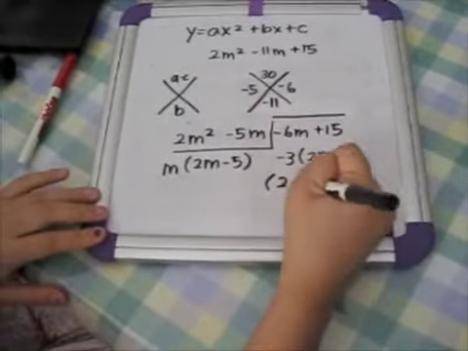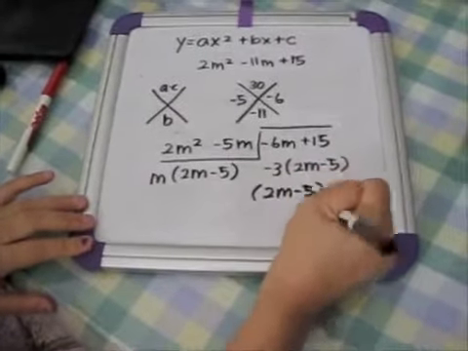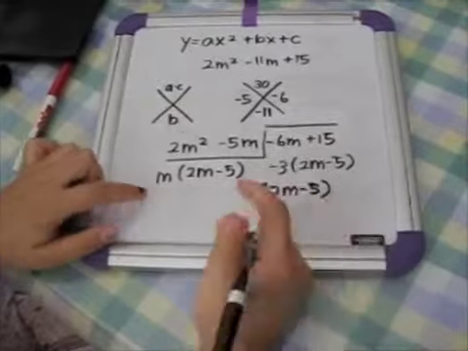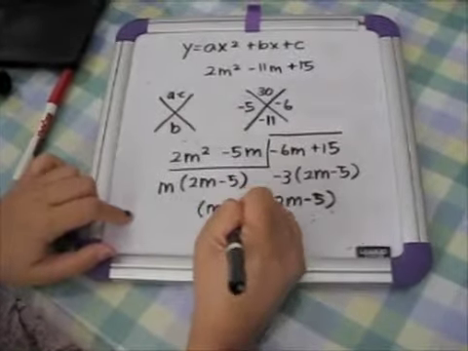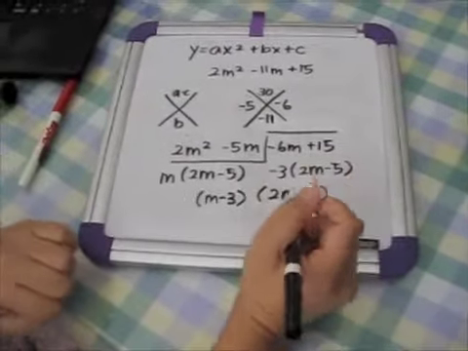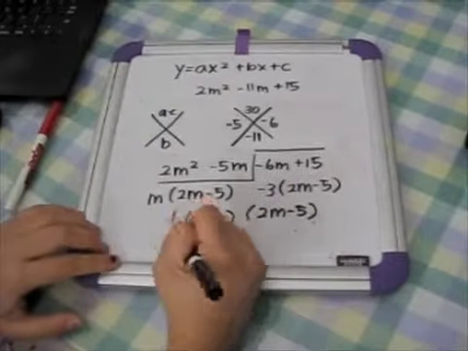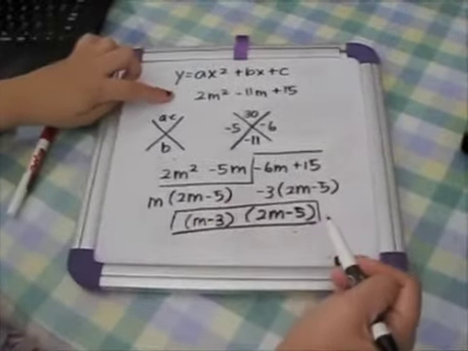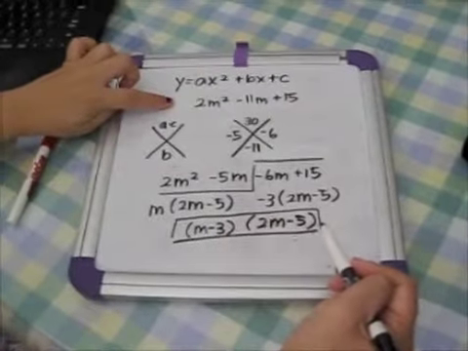So that will be pulled out as one of the factors. And the other factor is pulled from what is on the outside, m minus 3. And now this will be our solution. M minus 3 times 2m minus 5 is the factor of our original equation, 2m squared minus 11m plus 15.